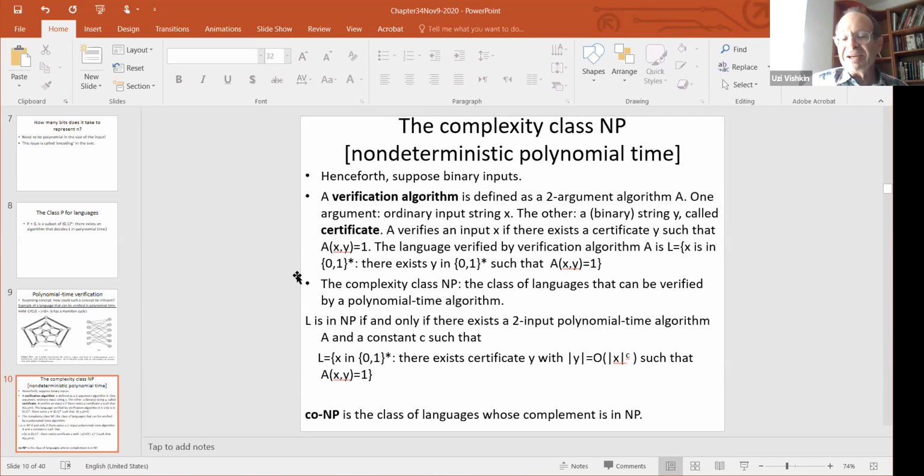This is really puzzling. Let's see what it says. It says what falls in the class NP. I'm yet to define NP-complete, now it's only NP. It's all the languages that have a polynomial time verification algorithm.